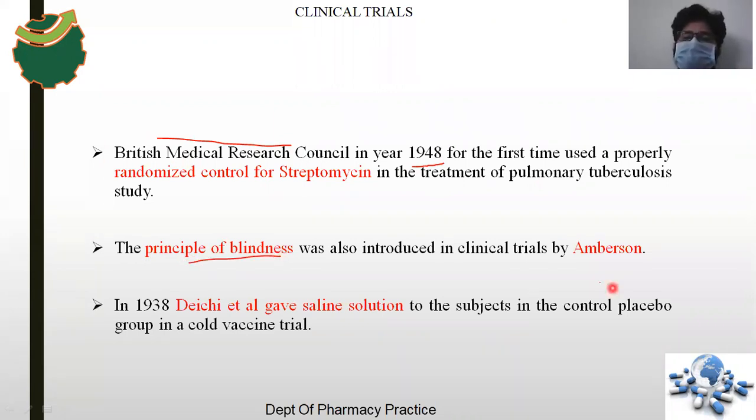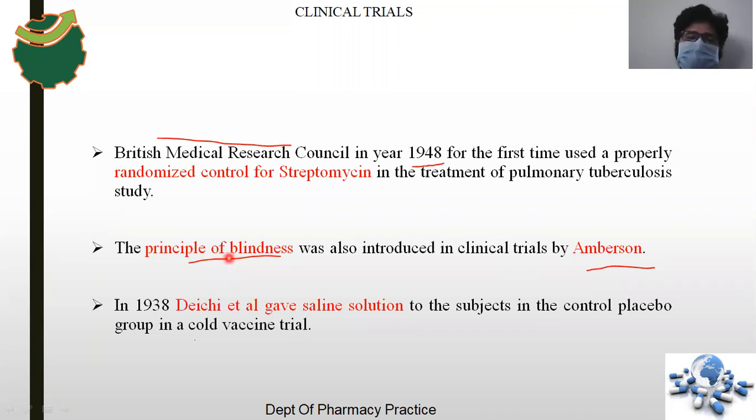That was first introduced by Amberson. In the previous slide we saw Amberson et al. was a group of people who in 1931 randomly assigned the subjects into control group and test group. And here, the same Amberson used the principles of blindness. So what is the principle of blindness? That will be in upcoming slides.